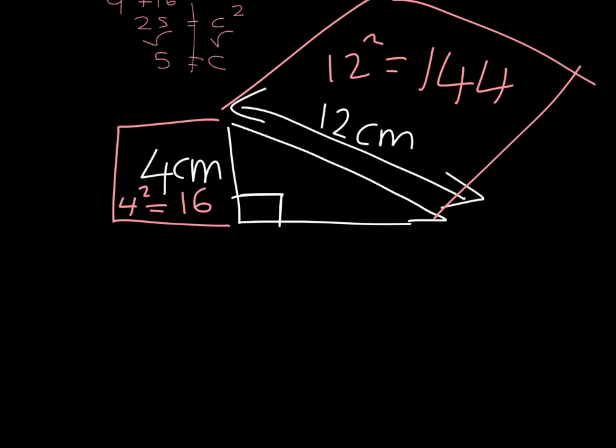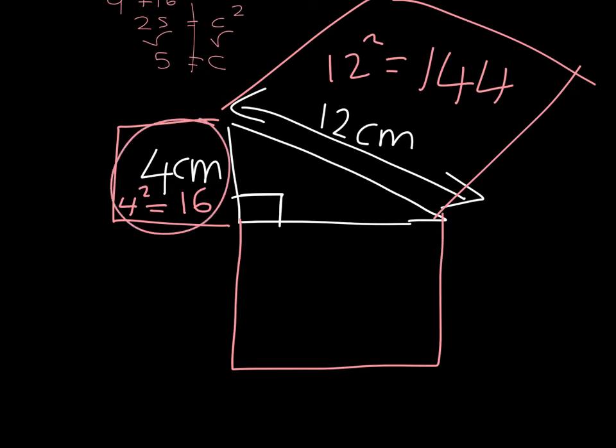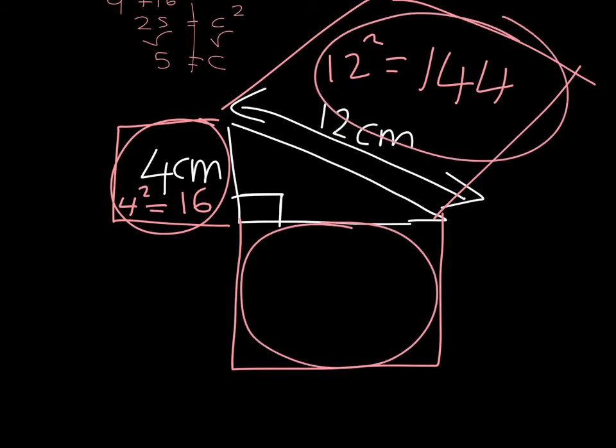Now, if you didn't remember the formula, then you could use this method just for the visual, because you know that the two smaller ones, so this one and then this one, combine to give you the larger one. So let's write that out. 16 plus something gives you 144. You could then use inverse operation to work out what the question mark is.